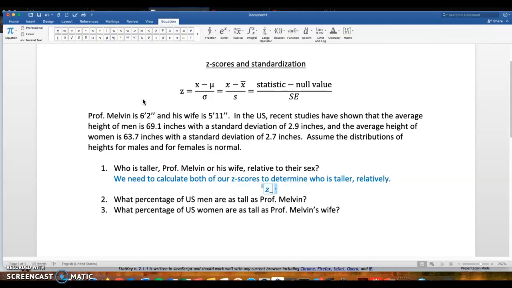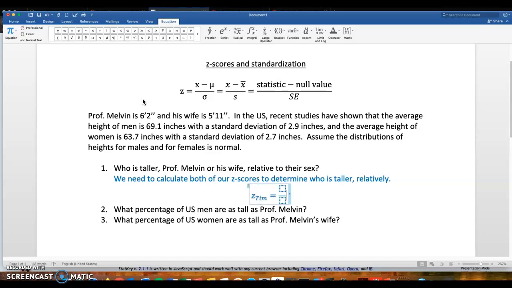So I'll say z for me. All right, my height is 6... oh, wait, sorry, I'm 6'2". So that's 6 times 12 inches per foot, plus 2. So I am 74 inches tall, minus the average height, we're going to take this assumption, 69.1 inches, and then divide that by the variability, the spread of US men's heights, 2.9.